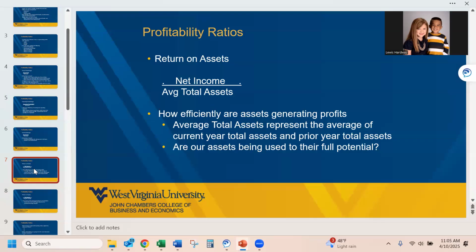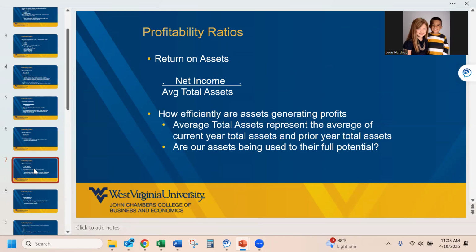That's the reason we have assets, so that we have operations, and those operations result in the returns that we see. So with return on assets, we're trying to get an idea of how great a return we're earning based on all the assets that we have collected.